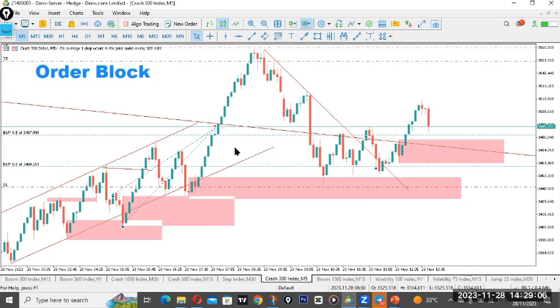Now number three thing you need to know is that liquidity plays a big role in making your order block work. So you want to see a scenario whereby liquidity has been taken out. Now when we talk about liquidity, we are talking about these highs, these lows, these highs, these lows. These are liquidity levels. Because when you take a sell trade, you're going to place your stop loss above the high.